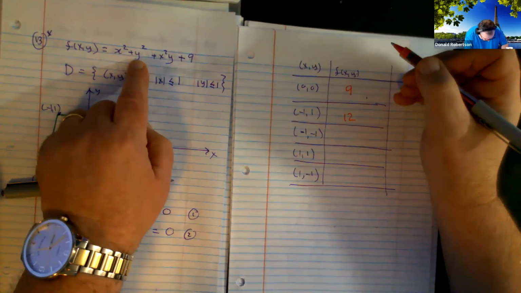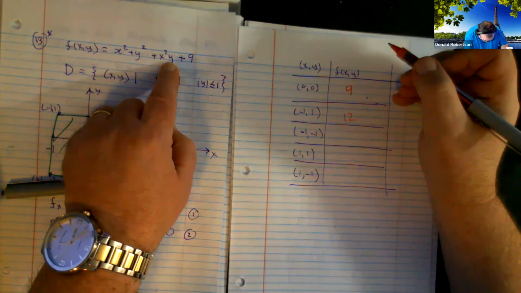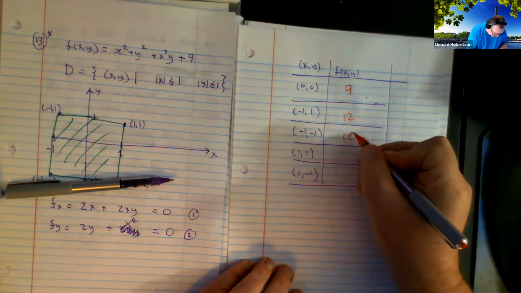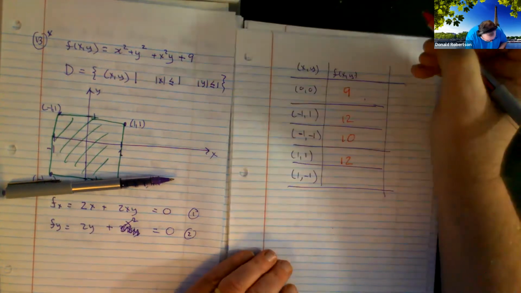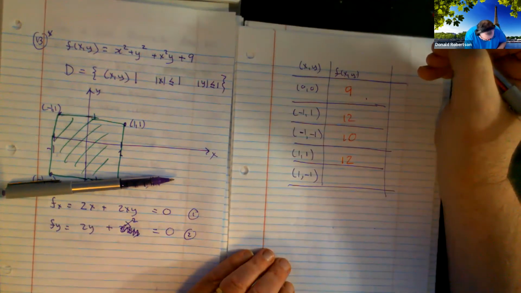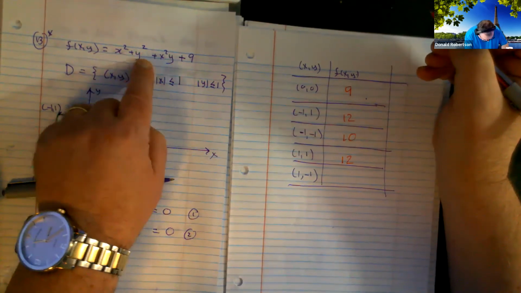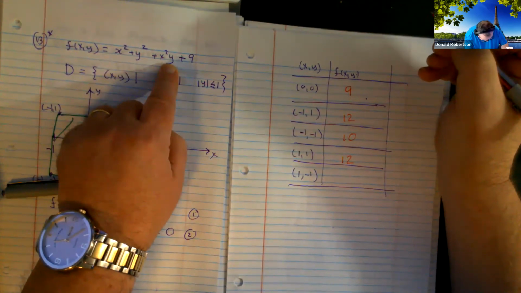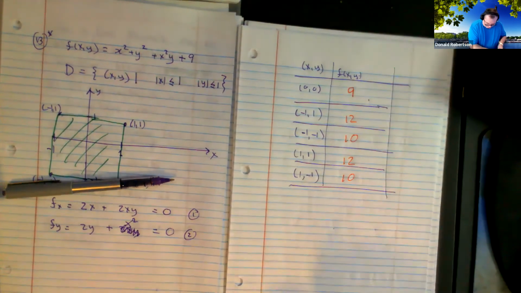Take away 1. I believe you get 10. If you plug in 1, 1, you get 12. And if you plug in 1, negative 1, you get 1, 1. Take away 1. So you get 10 again. Hopefully I did them right.